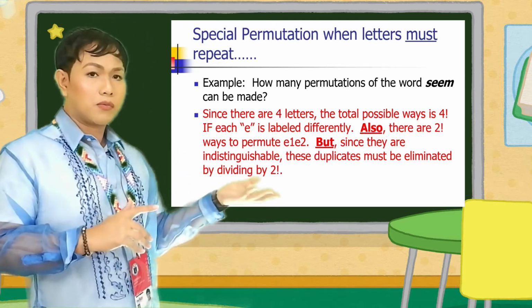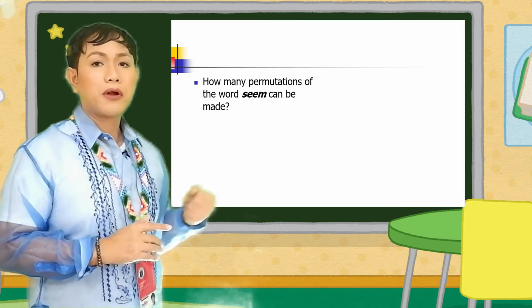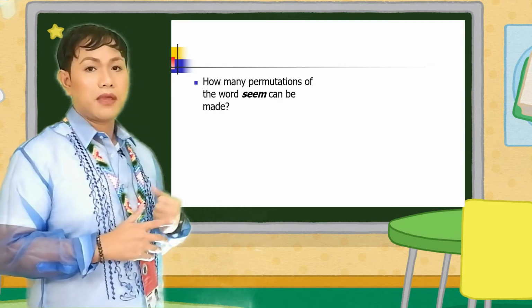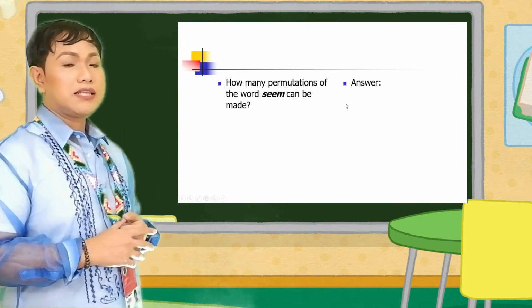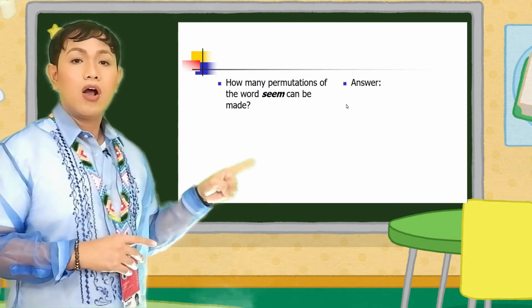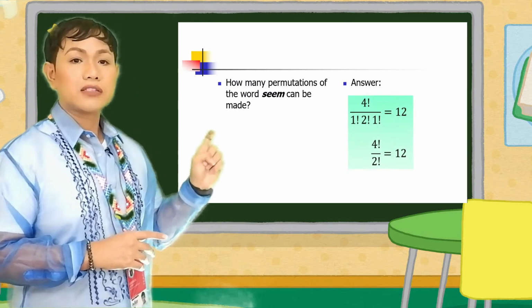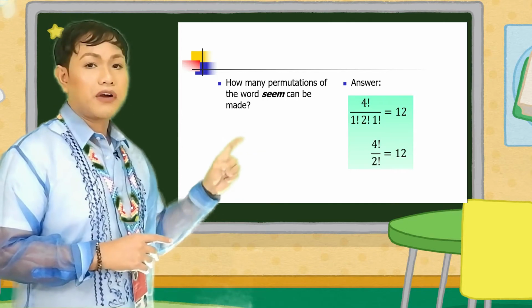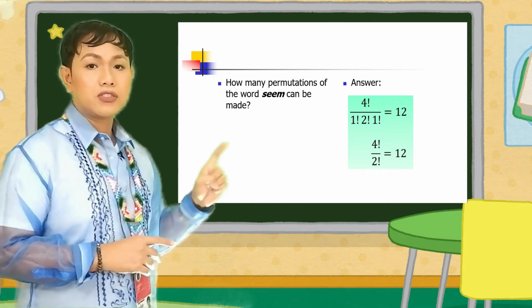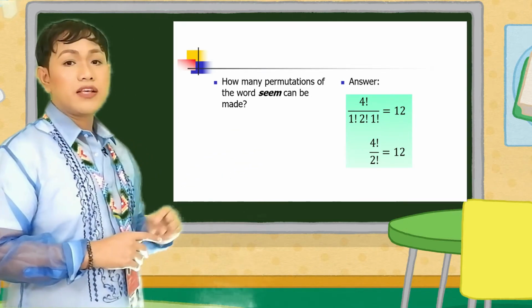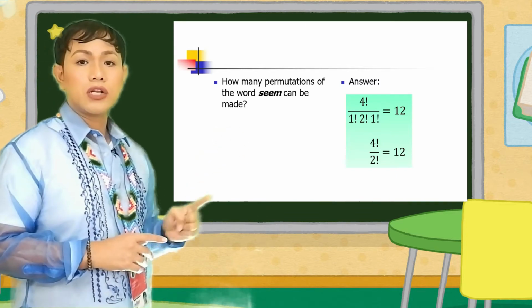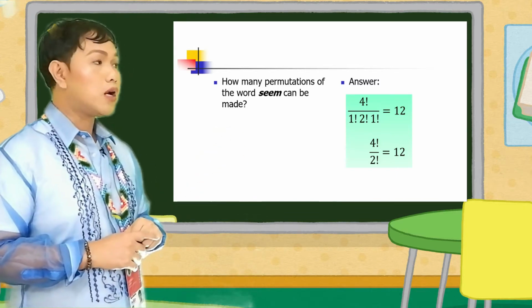How is that so? When we say how many permutations of the word SEEM can be made, we can have our answer as simply 4 factorial all over 1 factorial times 2 factorial times 1 factorial. Ever wonder what this 1 factorial, 2 factorial, and 1 factorial are for?